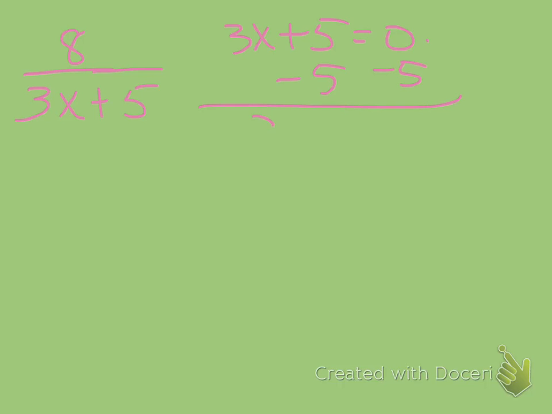Good. And then you're going to take the square root, right? No, you can't do that. This is just 3 times x. How do I undo multiply? Oh, you're right. Very good. Divide by 3. X is going to be 5/3.